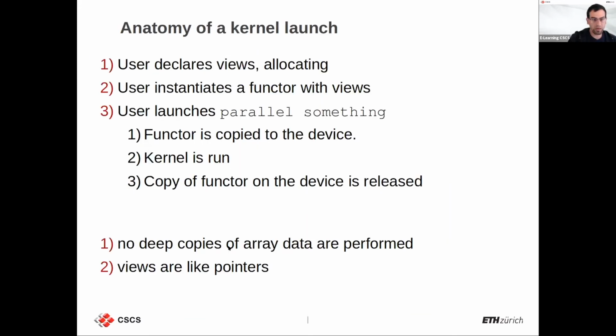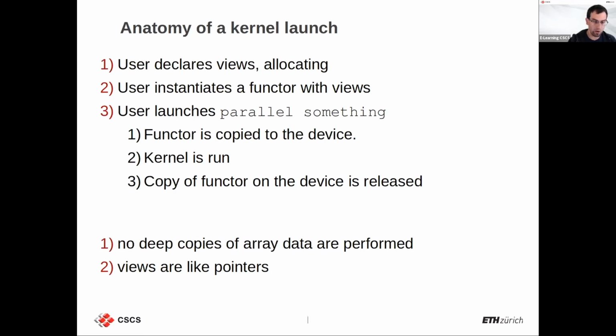The anatomy of a kernel launch is: we declare our views, then we instantiate our functors with the views. Then we launch the parallel operation, so parallel for, parallel reduce. In this case, the functor is copied to the device, not before. The kernel is run, and then the copy on the device is released.